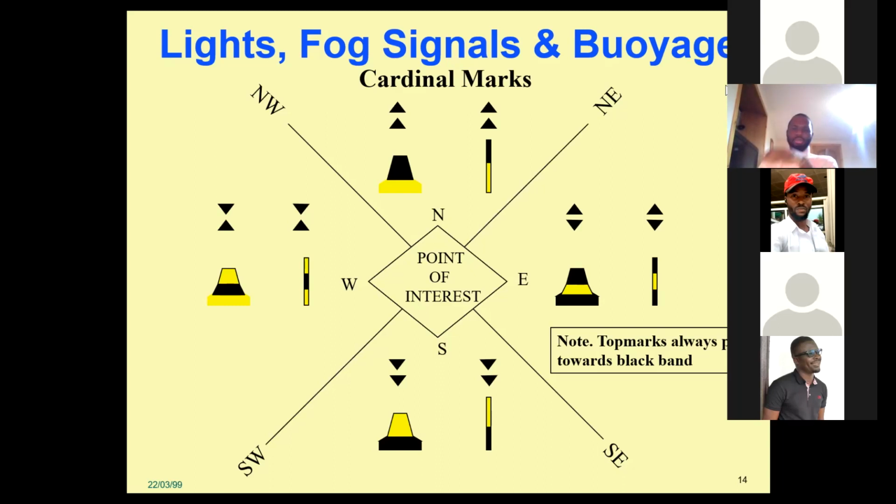Sighting the North Cardinal Mark shows me that there is a danger or not a navigable area on the south of that buoy. And I'm on the southeast, so I'm kind of on the south of the buoy already. So I have to alter my course to starboard so as to keep clear of the southern part of the buoy.